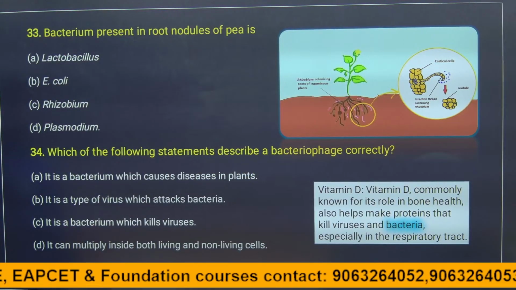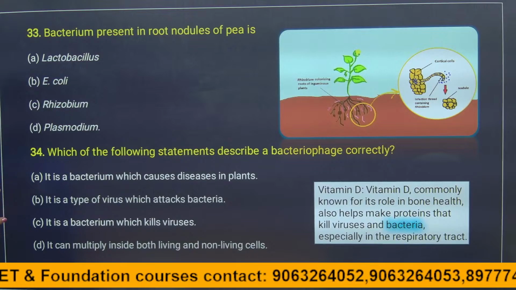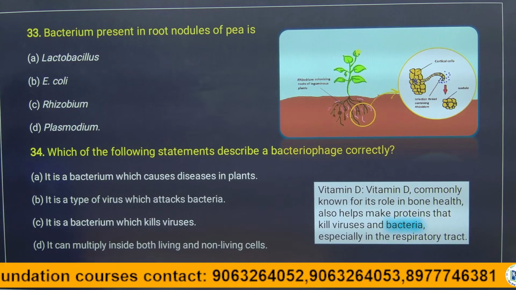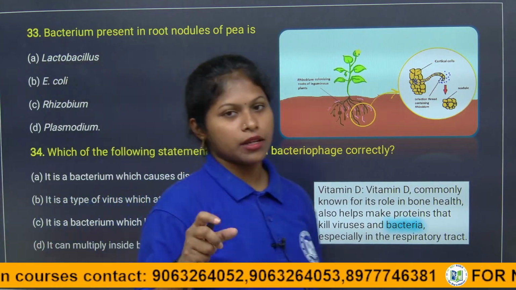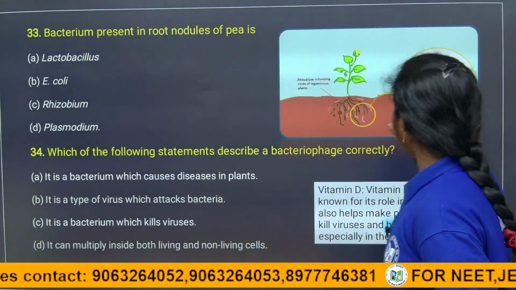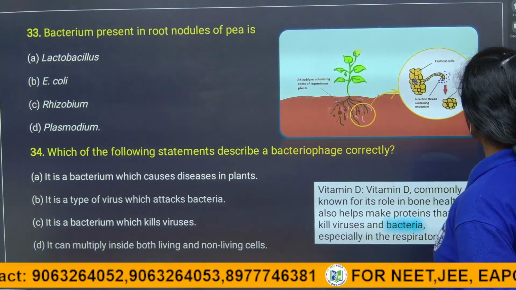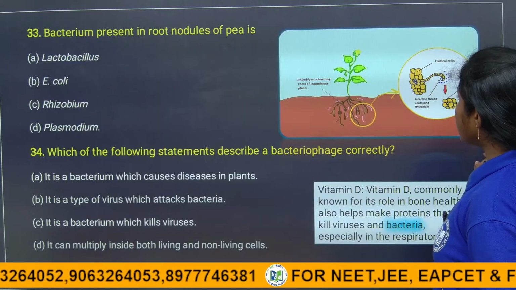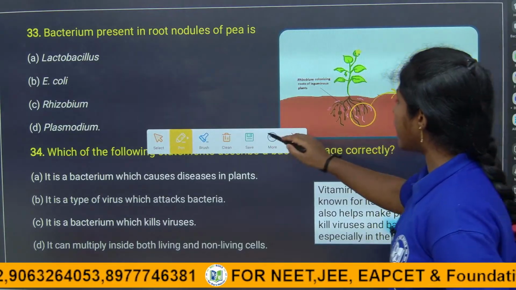Coming to the next question, children. Which bacterium is present in the root nodules of the pea plant? The pea plant is also called a leguminous plant, right?